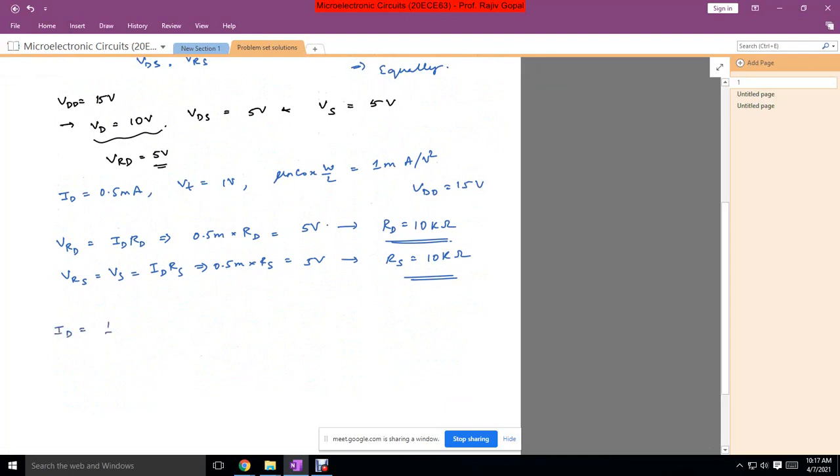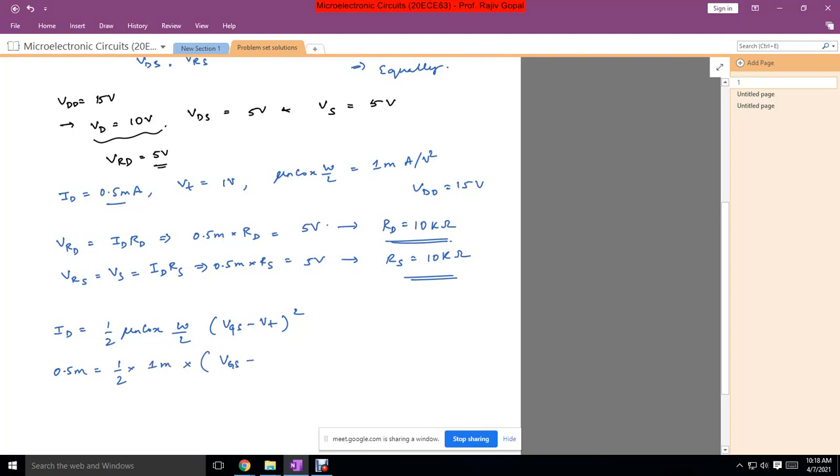ID equals half mu n COX W by L into VGS minus VT whole square. ID I know, 0.5 milli is equal to half into mu n COX W by L is 1 milli, so 1 milli into VGS, which I have to find.